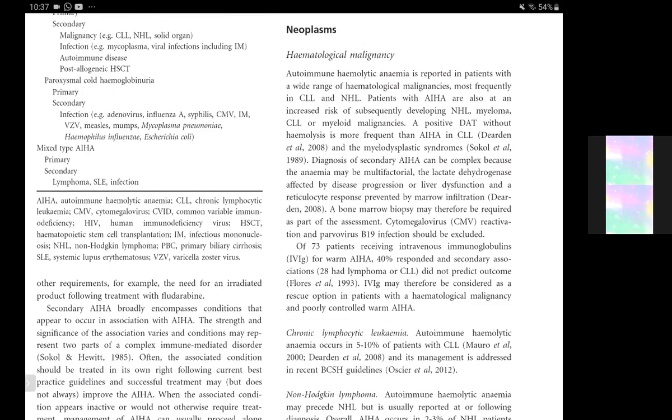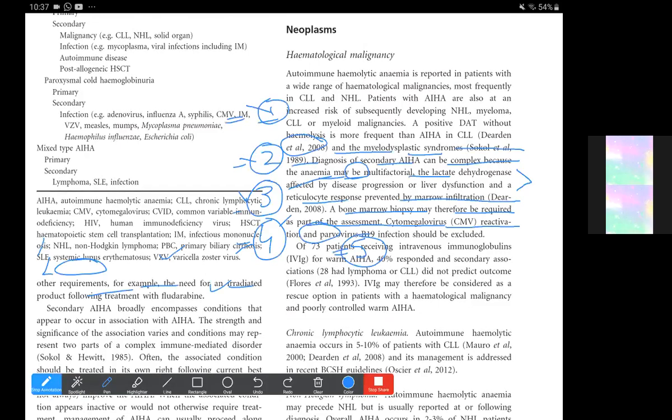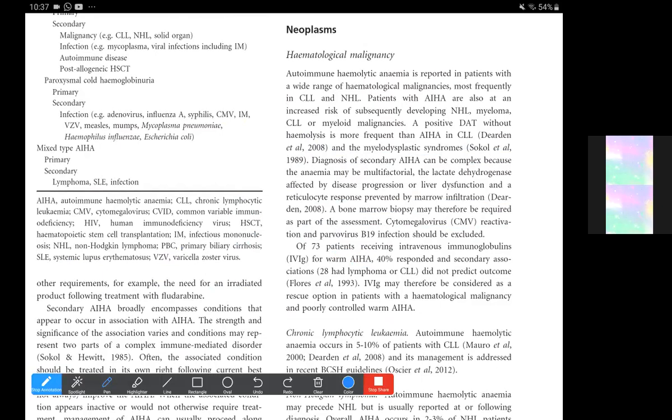malignancies. So they are associated mostly with CLL and NHL, and patients with autoimmune hemolytic anemia are also at an increased risk of subsequently developing NHL and myelomas. As we mentioned earlier, the malignancies could be associated with immune dysregulation, that is these lymphocytic proliferations.